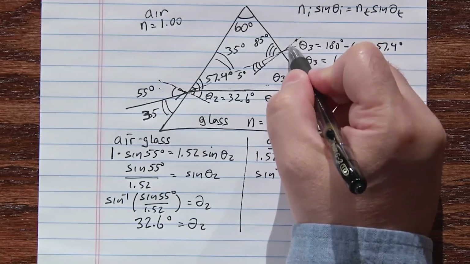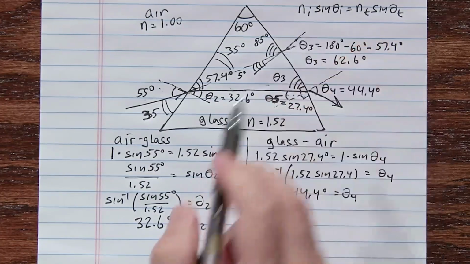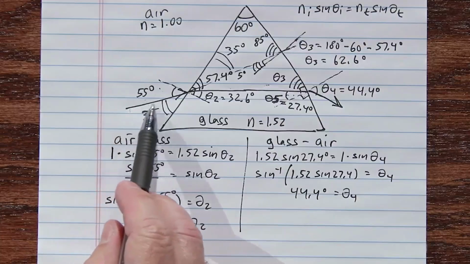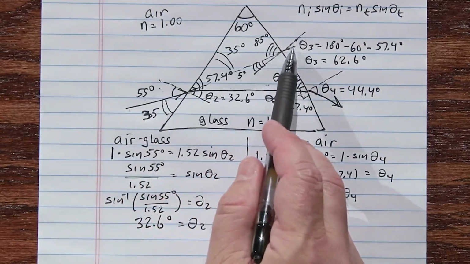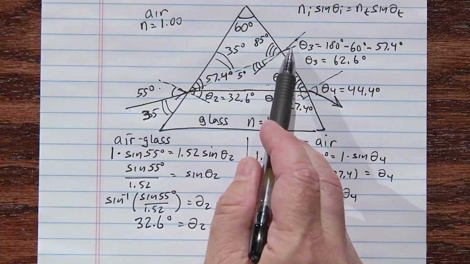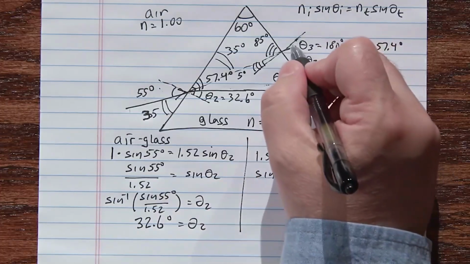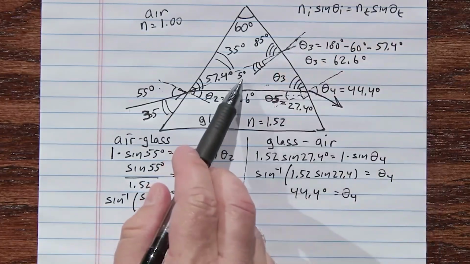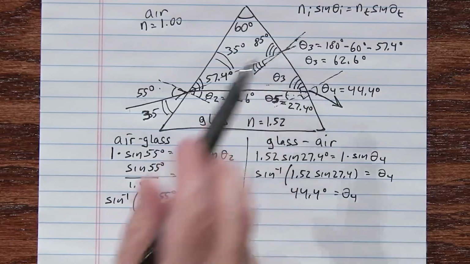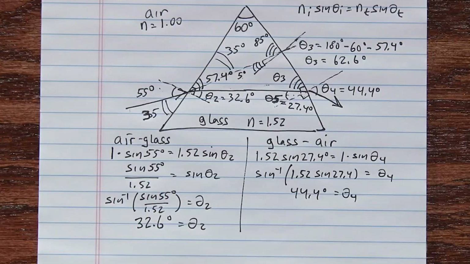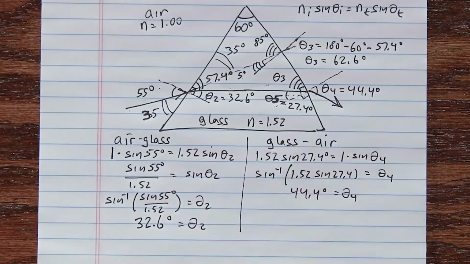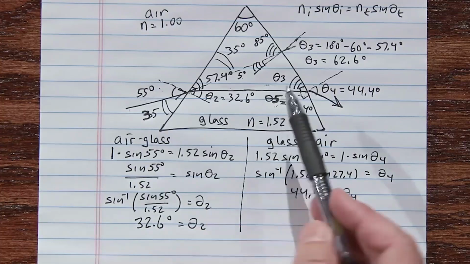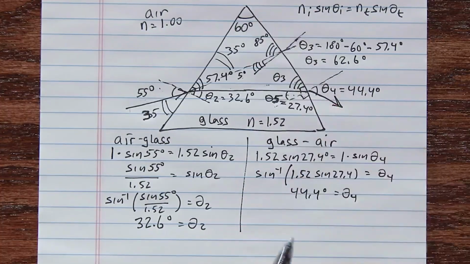And so we see that if the original light ray had passed without any refraction through the prism, it would have come out on this side, making an angle of 5 degrees with respect to the perpendicular, whereas now, since it has been refracted, it's making an angle of 44 degrees with respect to the perpendicular on this side.